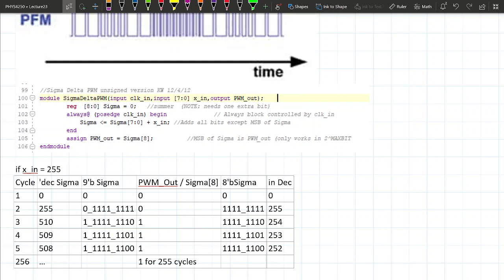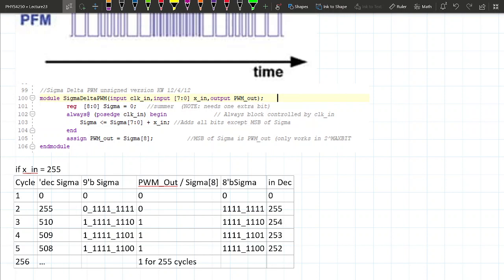So this module is called Sigma Delta Pulse Width Modulation. You can name it whatever you want, but hopefully you guys name it the same so that I'm not confused about what you're trying to do. In order for you to pulse with the clock, you need the clock input. In order for you to know how big or small the input is, you need some input.